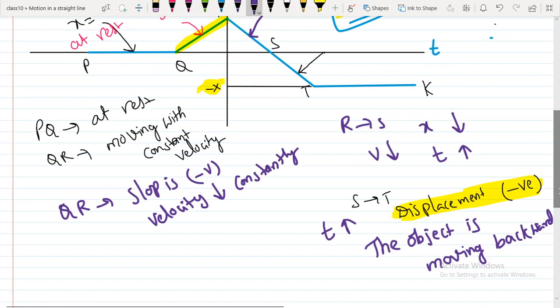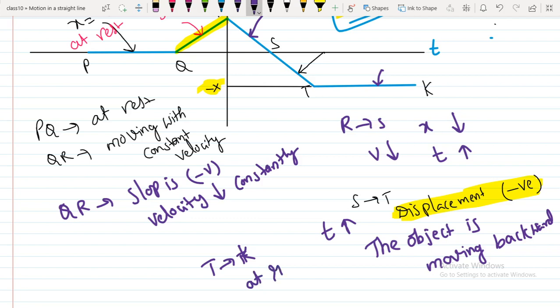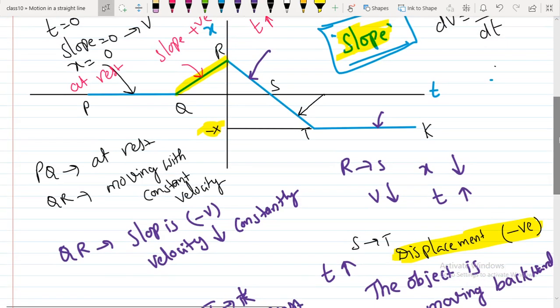Now the last segment, from T to K. Again it is at rest. The displacement is constant while time is increasing, so the object is at rest. From all these points, from P to Q the object is at rest, and Q to R it is moving with constant velocity.